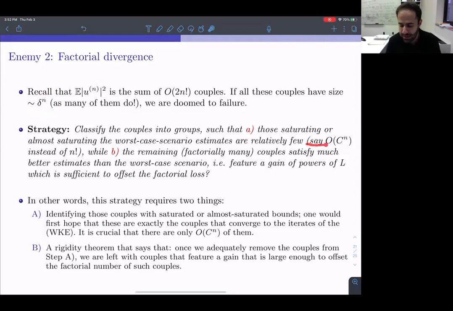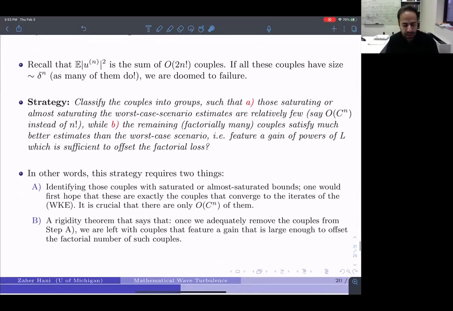There are few in the sense that they are exponential rather than factorial. Whereas all the remaining couples satisfy much better estimates than the worst case scenario. And in particular, they have to feature a gain as a power of L that is sufficient to offset this factorial divergence, to offset the fact that there are factorially many of them.